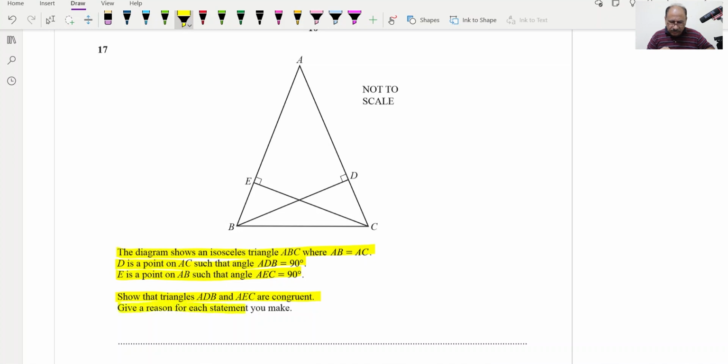Give reason for each statement you make. So which one is triangle ADB? We will identify triangle ADB, and if we draw it, this is triangle ADB.